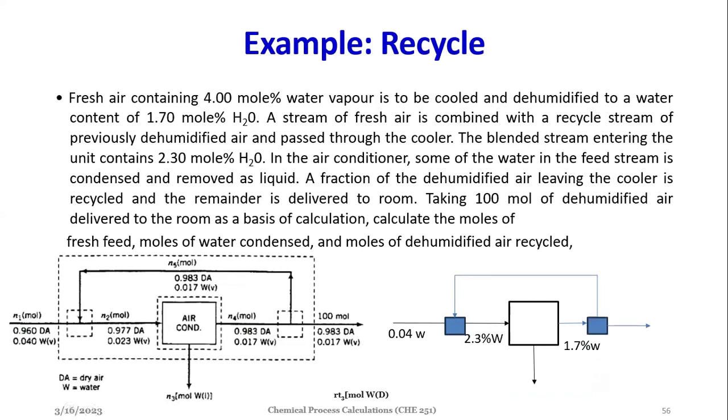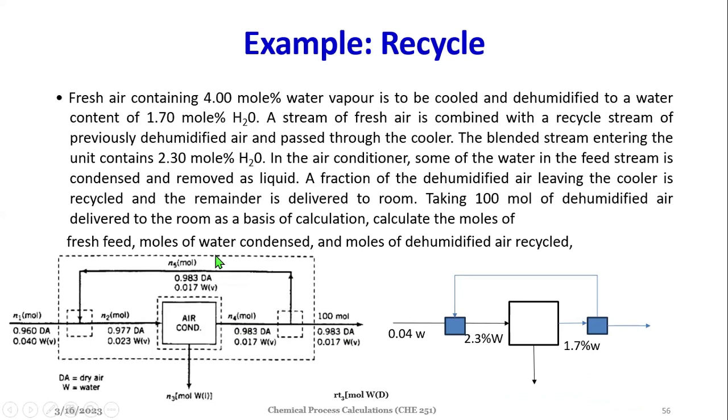If I'm going to split it, remember we said for splitters, the composition doesn't change. So realize that the composition here is the same as the composition here. We have 0.983, 0.017. After I split it, it's the same composition: 0.983 for the dry air, 0.017.